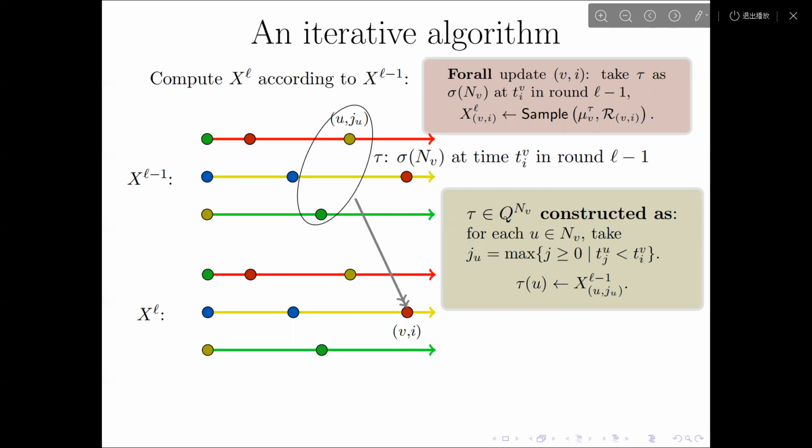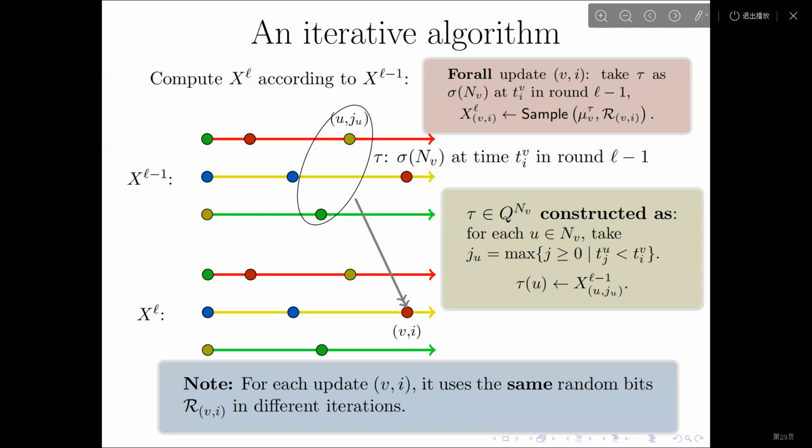For each neighbor U, let U_{j_U} be the latest update at U before time T_{V_i}. Set U's color by the result of U_{j_U} in round L minus 1. Note that each update V_i uses the same random seed r_{V_i} in different rounds.